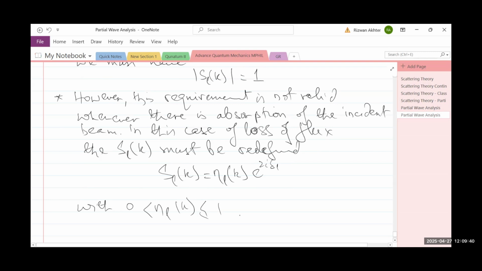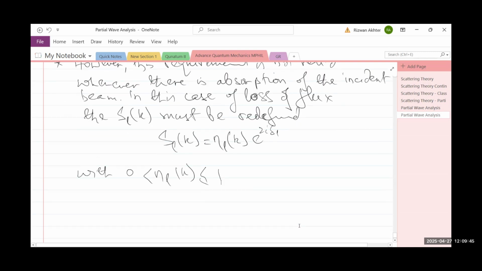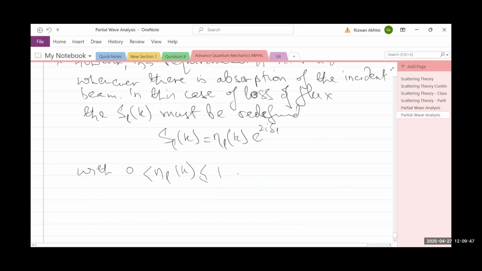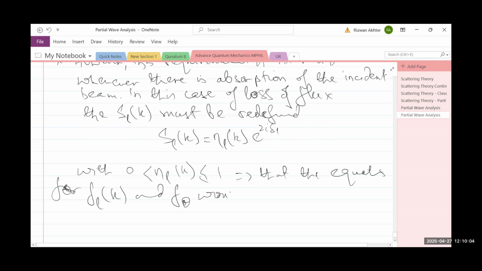And so then the equation would change. Then the above equations for f_L of k and f of theta would change.